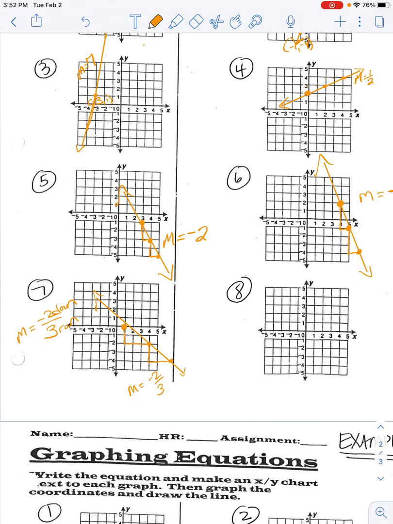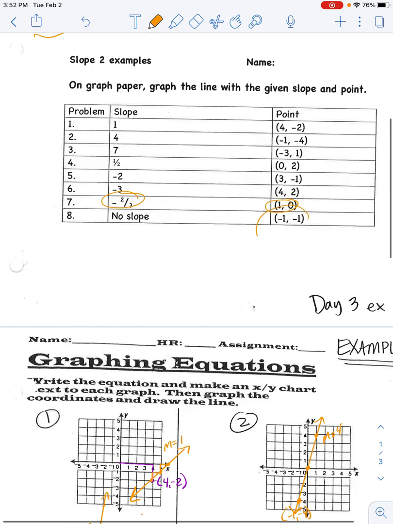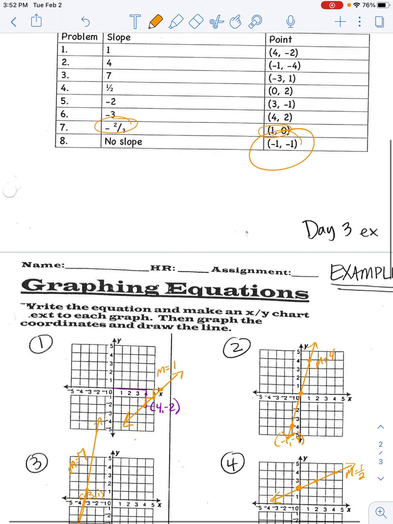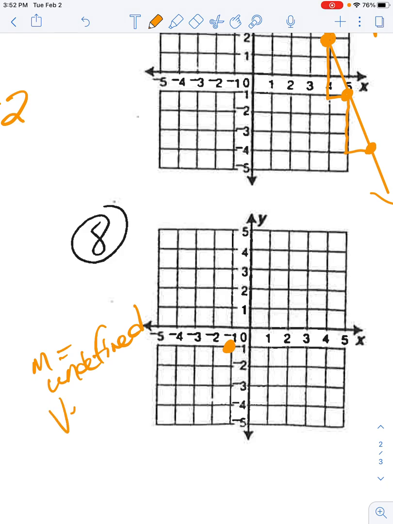And then the last one, number 8, is we're going to graph -1, -1, left 1, down 1. And it says slope is undefined. If you look back at the previous notes, we just said undefined is a vertical line, okay?